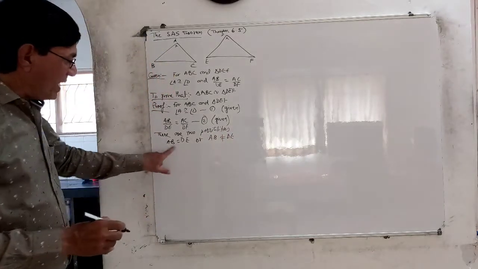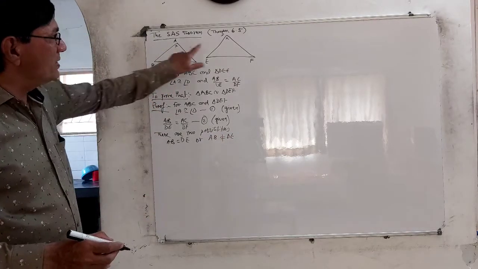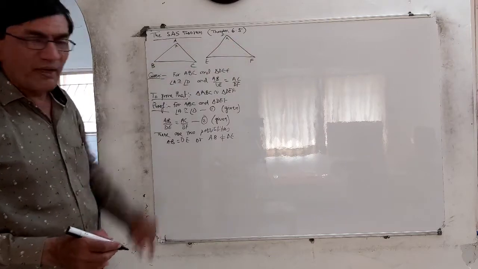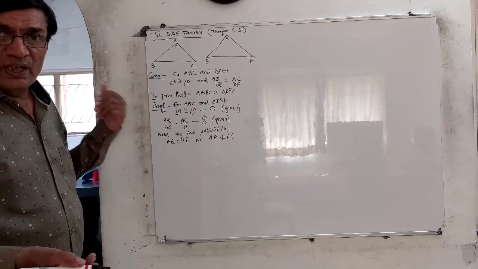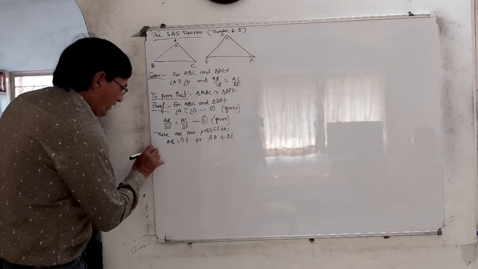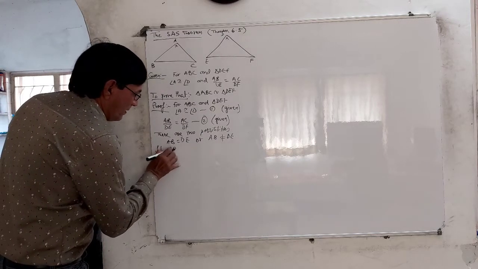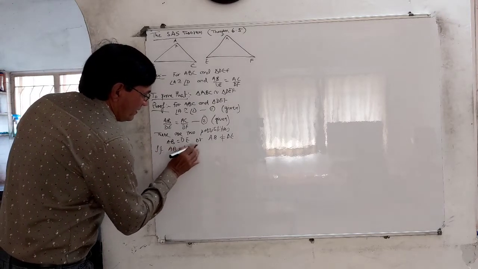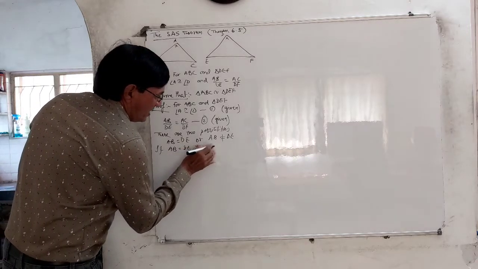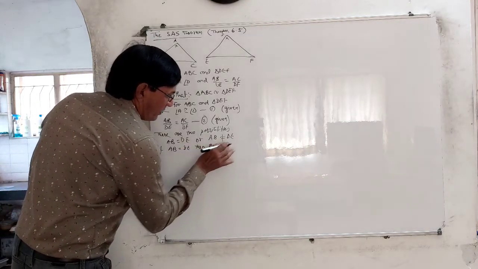Now if AB is equal to DE, then AC is equal to DF, and then by SAS congruency, the triangles are congruent.